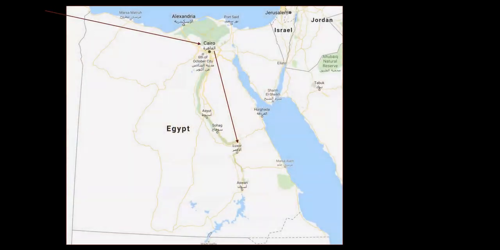And another highlight in Luxor is we also arranged to have a private meeting and private exposition by the director of antiquities of Luxor, and he will give us a special lecture, and he will take us to an excavation site where we will see an actual ongoing excavation firsthand.